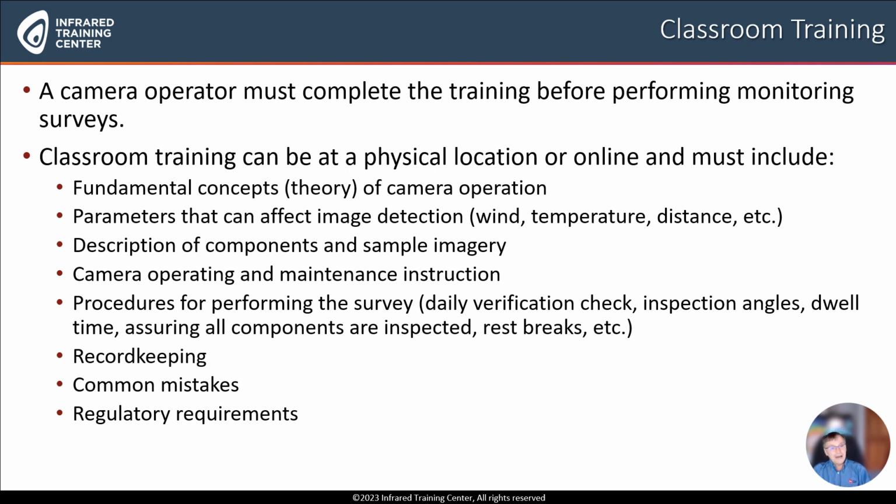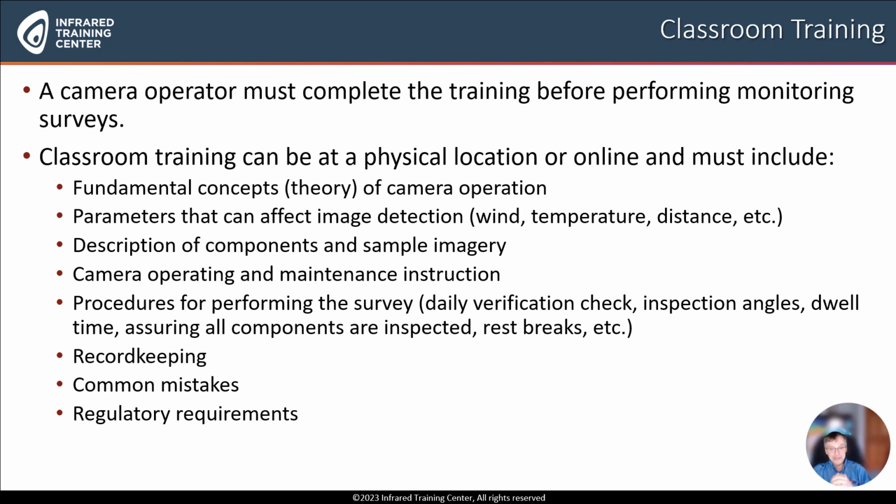Now, procedures for performing the inspection, you just have to understand this, again, this dwell time and the dwell angles, the inspection angles, at what direction we look at, with a caveat here that you don't need to go downwind of a leak to verify it.